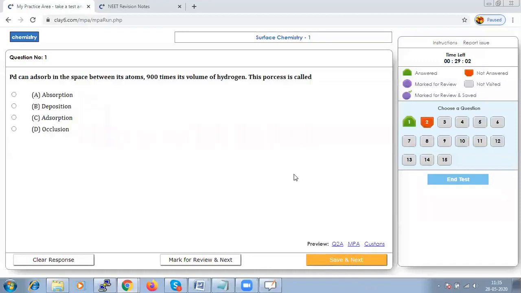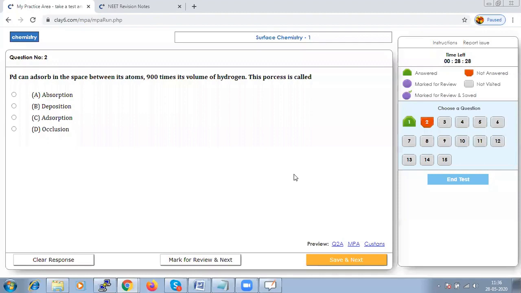Platinum can absorb in the space between its atoms 900 times its volume of hydrogen, and this process is called as, we should know the name of the process. So when we say absorbed in the space between its atoms 900 times its volume of hydrogen, what should be the process we call it?